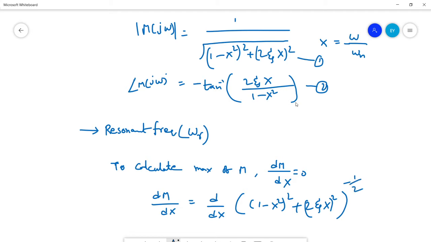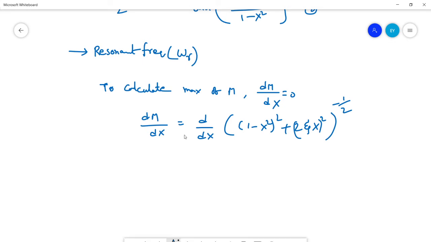Why 1 by 2? Since it is squared and we are taking a denominator factor, therefore we have to use a minus sign here. We are taking it as a numerator, so a minus term will come. So do the derivative for that. What is the derivative you get?